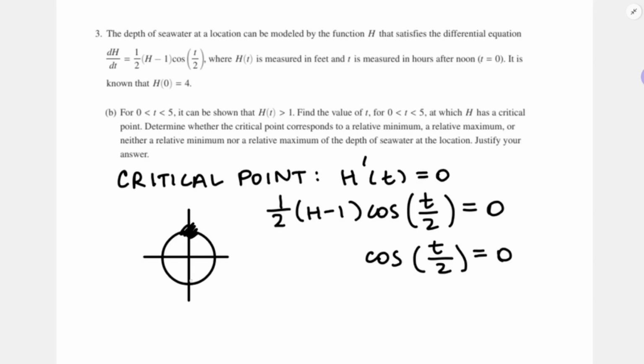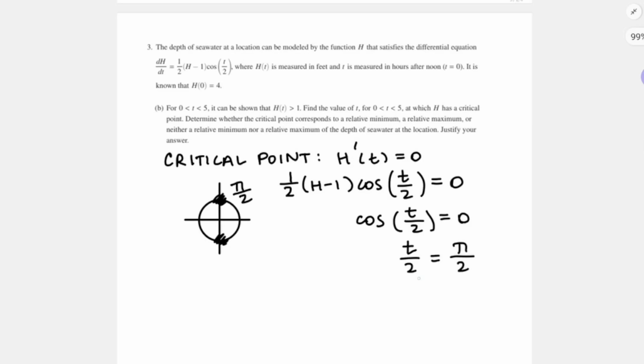Here at pi over 2 and 3 pi over 2. It just said there was 1, so I'm going to start with pi over 2. So t over 2 equals pi over 2. It's pretty easy to solve: t is going to need to equal pi. And 3 pi over 2 would not work because that would give me t equals 3 pi, and that would be outside of the interval 0 to 5.